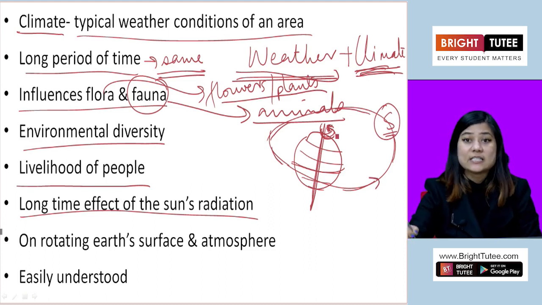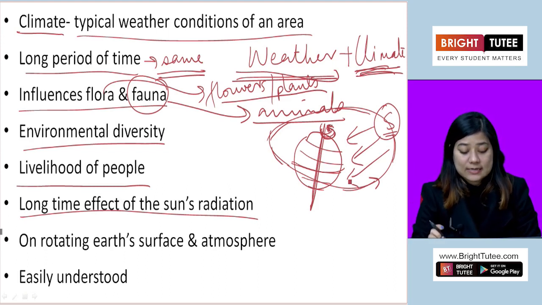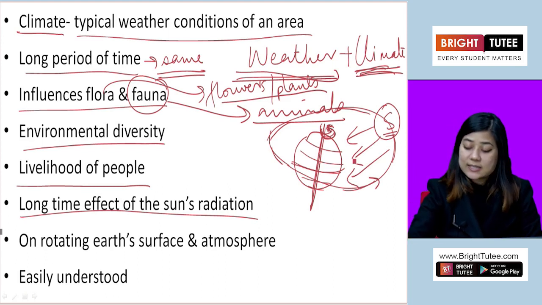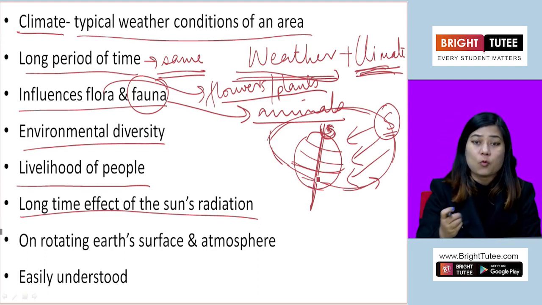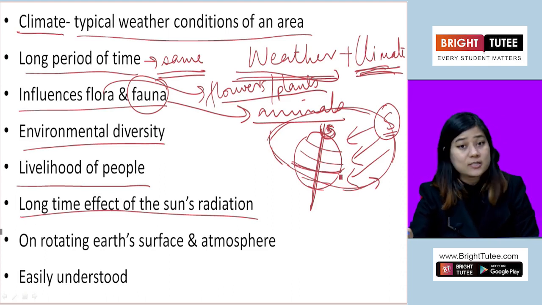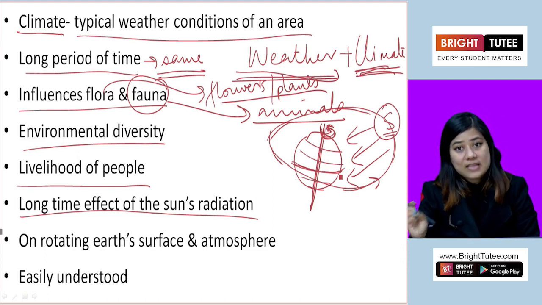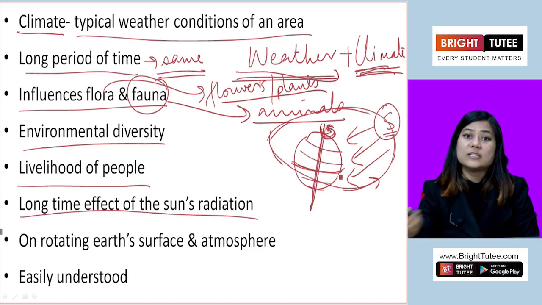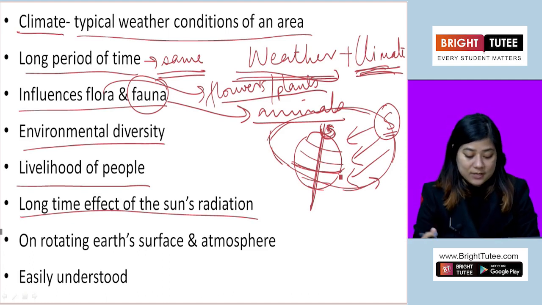Now when it rotates on its axis, the sun's rays fall on the planet Earth. The radiation that it receives depends on the position, where it receives more, whether in the northern hemisphere or southern hemisphere, whether at the center where the equator is, okay. So according to that radiation, the climate is caused, or the effect of that radiation goes on to form the climate, okay.